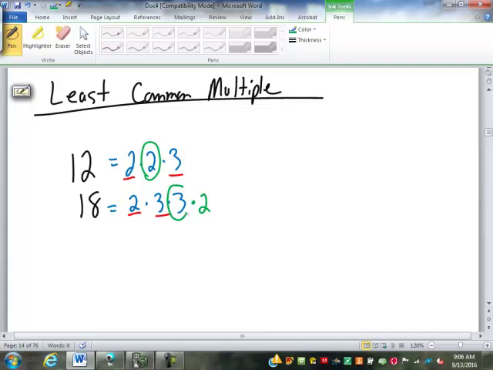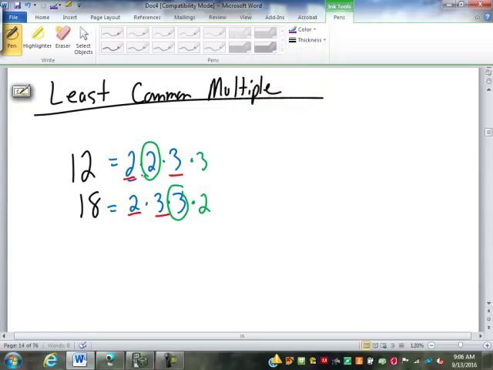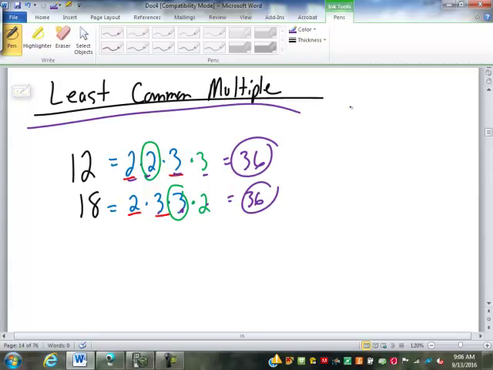This one has an extra 3, so I need to put an extra 3 up there. Now both of them have exactly the same factors, don't they? If I multiply them out, 2 times 2 times 3 is 12, times 3 is 36. 2 times 3 times 3 was 18, times 2 is 36. 36 is the least common multiple. So all I'm doing is taking all those factors and making sure they both have the same factors, filling in the missing factors.